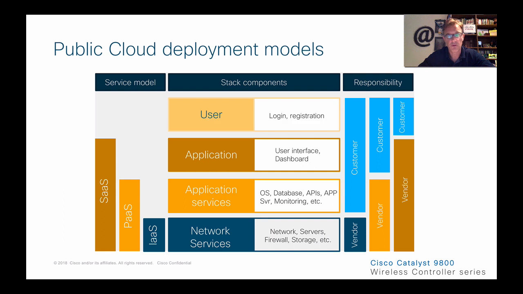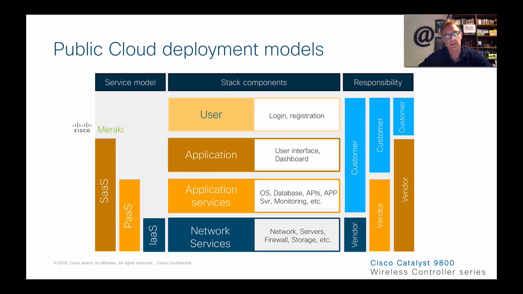And usually the customer will have a dashboard, a user interface to make use of this service. And just to make an example, Cisco Meraki plays at the software as a service level with the Meraki dashboard.